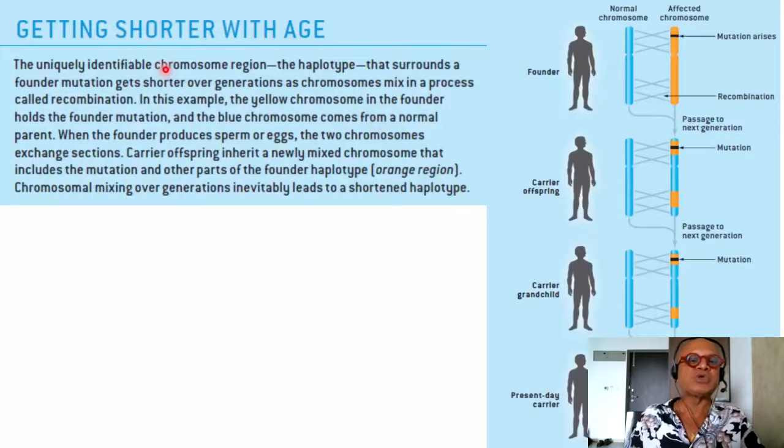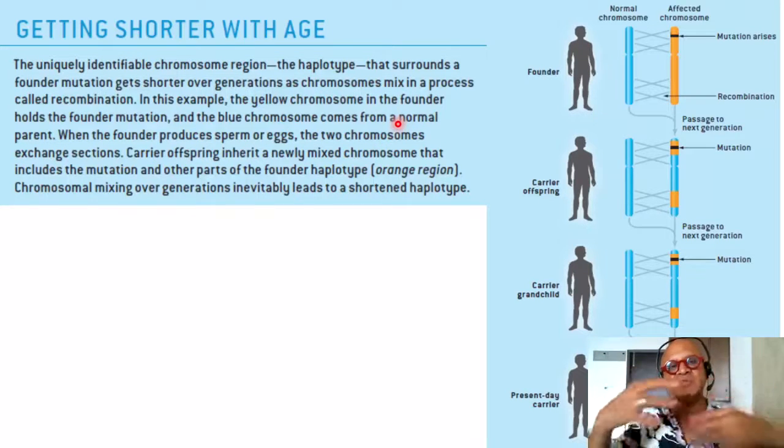Okay, getting shorter with age. A uniquely identifiable chromosome region, which we called before the haplotype, that surrounds a founder mutation gets shorter over generations as chromosomes mix in a process called recombination. So when two people have sex and produce an offspring, there is a recombination happening.